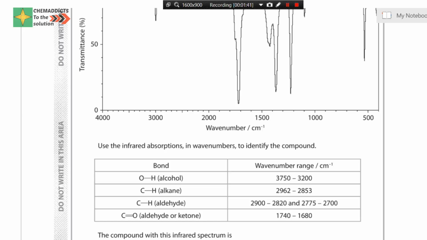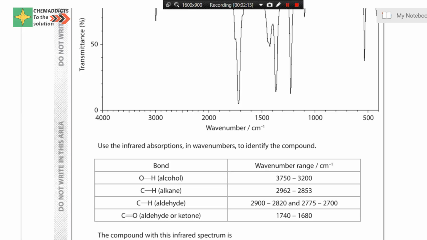This CH bond of aldehydes lies somewhere between 2900 to 2820 and 2775 to 2700. And this CO group, which might be aldehyde or ketone, lies between the wave number range 1740 to 1680.